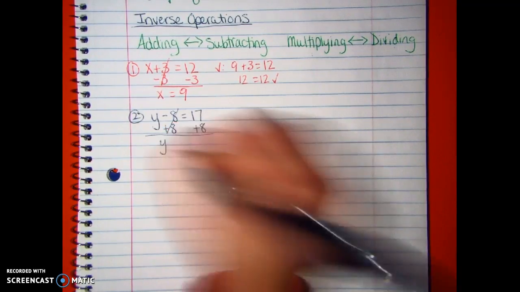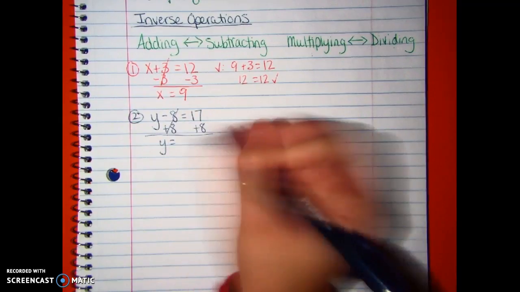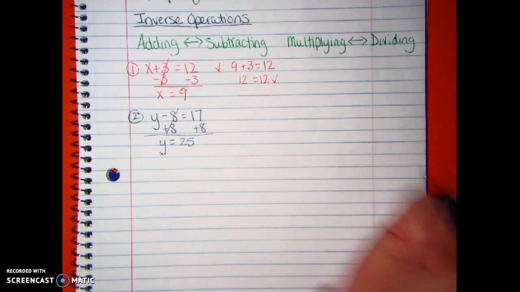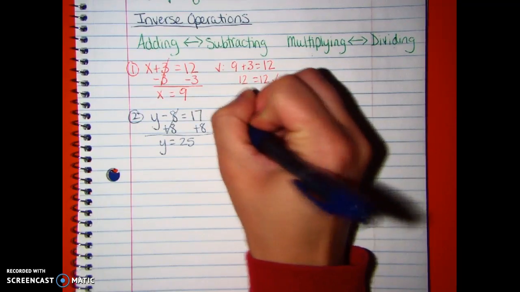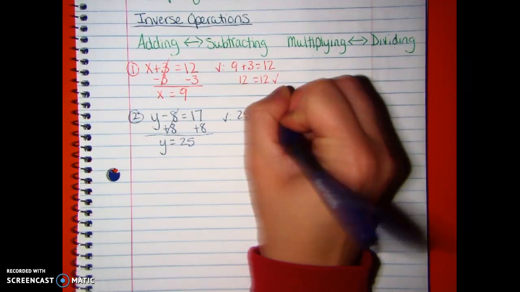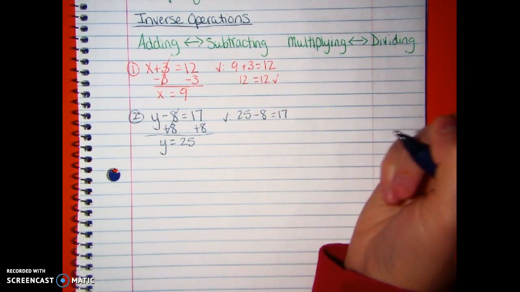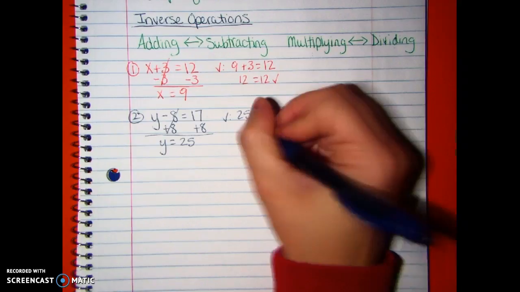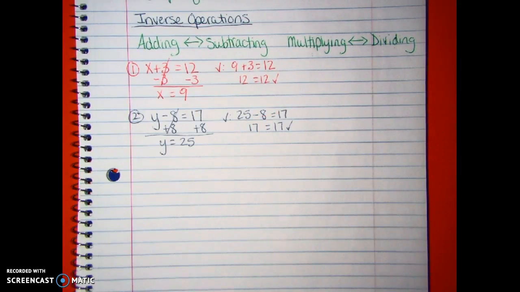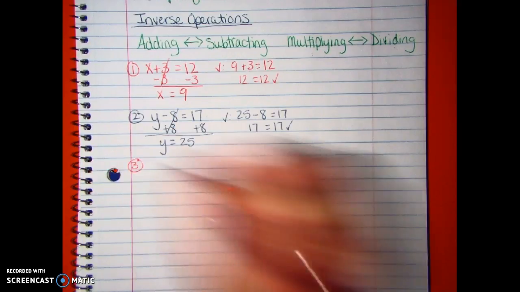That leaves me with y on the left side equals 17 plus 8 is 25. And let's check our answer. 25 minus 8 equals 17. 25 minus 8 is 17, so 17 equals 17, so that one's good. Okay, let's look at another one.